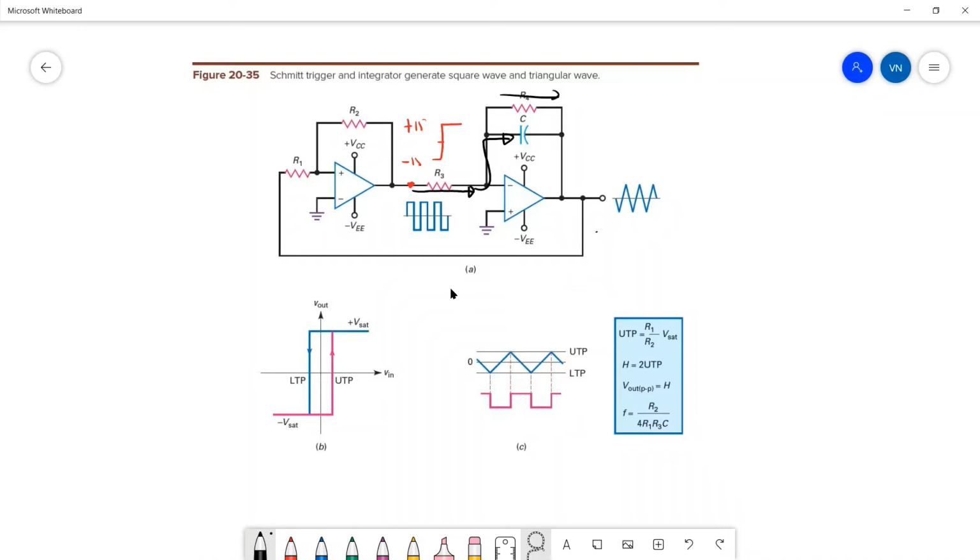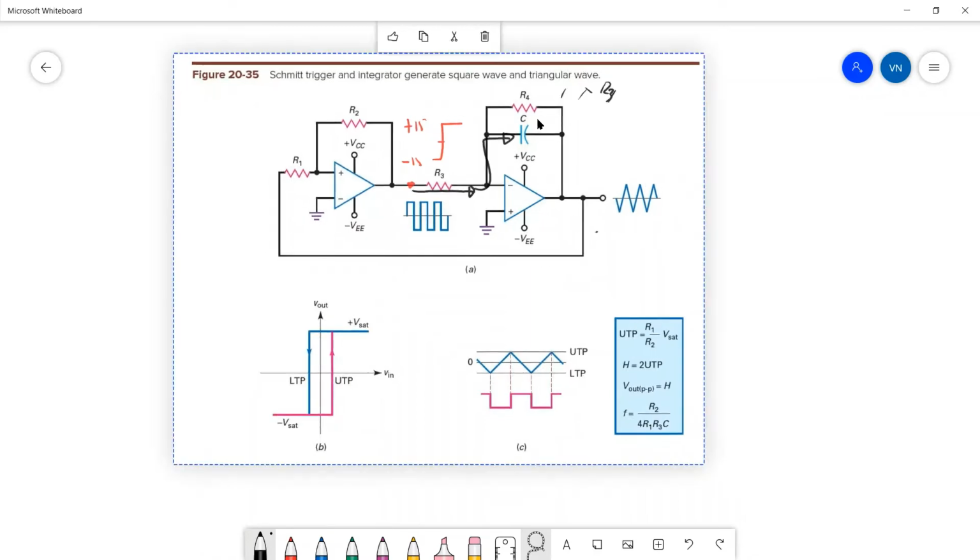A little bit of it goes through R4, but typically you make R4 like 100 times R3, so very little current goes through there. Most of it goes into charging up the capacitor.